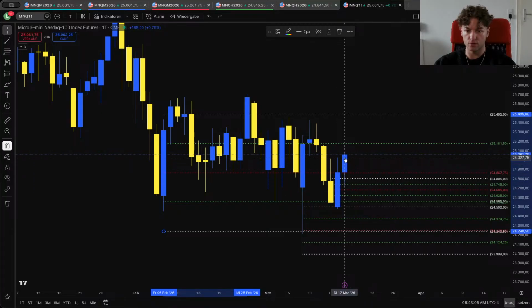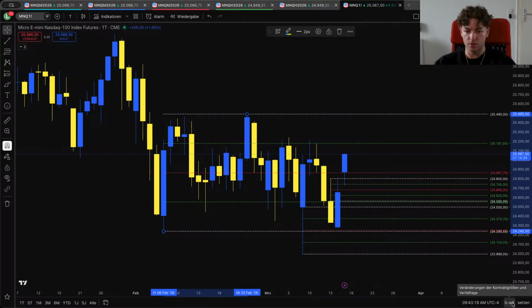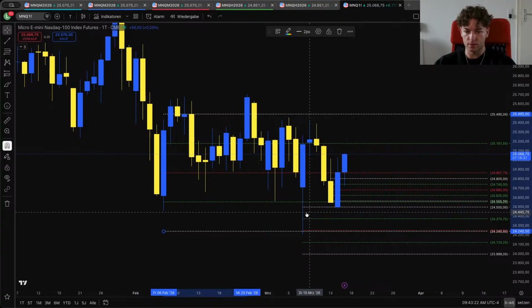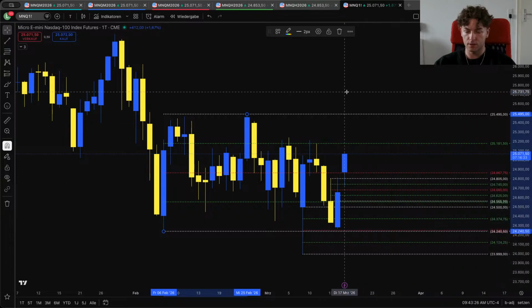So this could eventually also just be a wick, or it could close above this wick's midpoint. Of course, if you change between B adjusts, you see these levels don't agree. So it's kind of difficult to deal with this gap on rollover days.